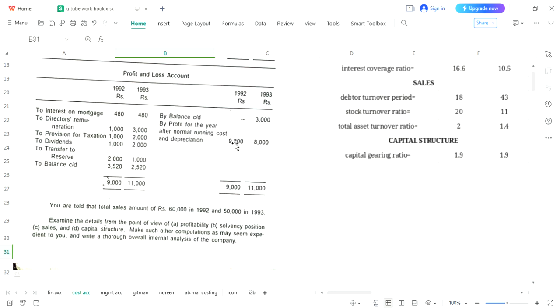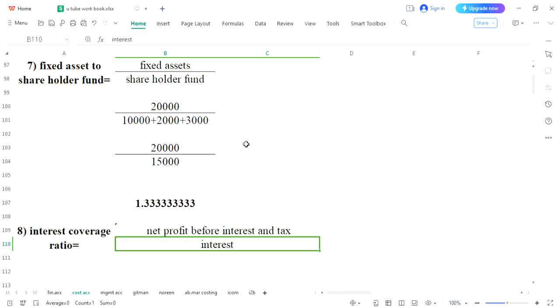So it is net profit before interest and tax, but keep in mind, salaries should be subtracted from net profit to get net profit after tax and interest. So this 1000 needed to be subtracted from this profit.